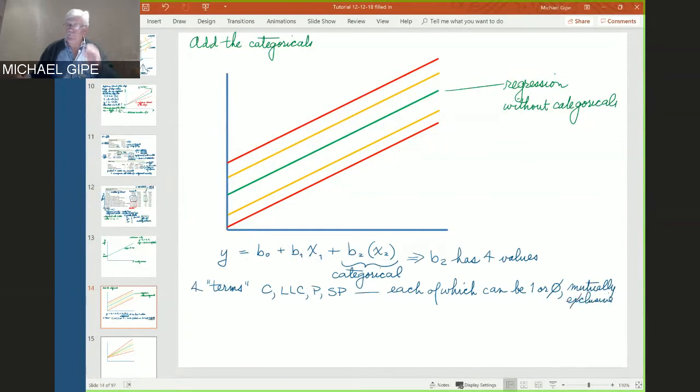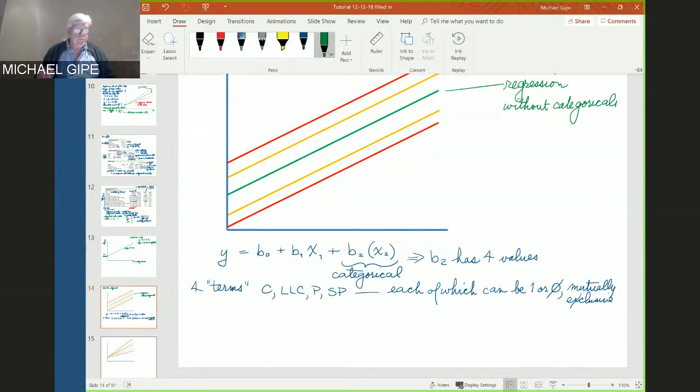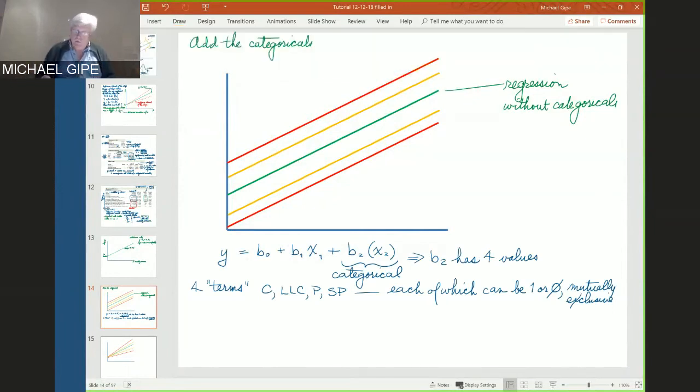And I hope I'm not presenting this in a way that's more confusing than clarifying. But what happens is we end up expanding this out so that the model looks like this. B0 plus B1 X1 plus now we're going to split B2 into these 4 different cases.